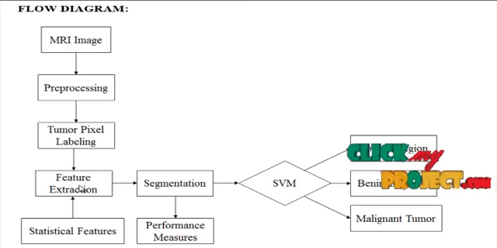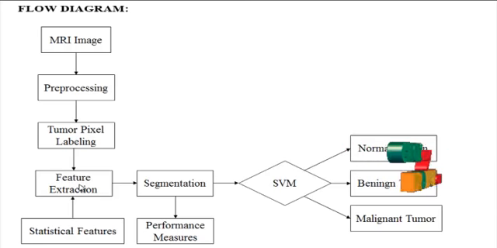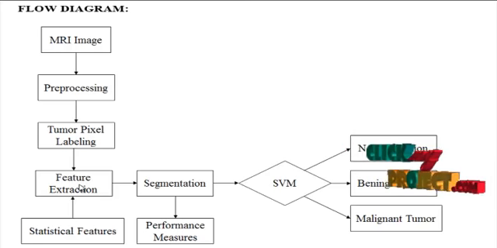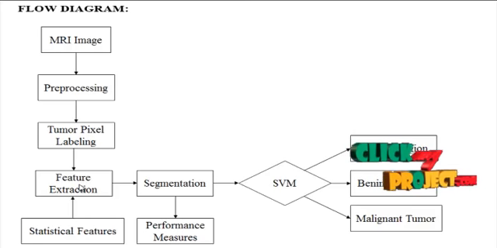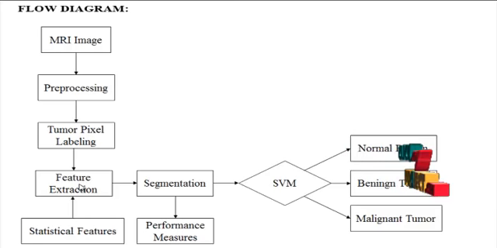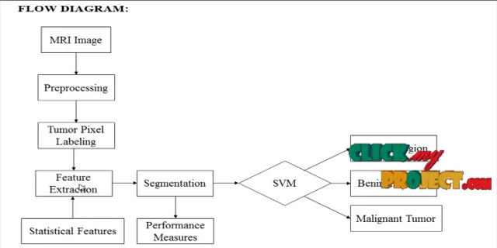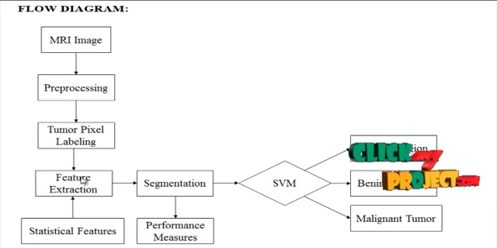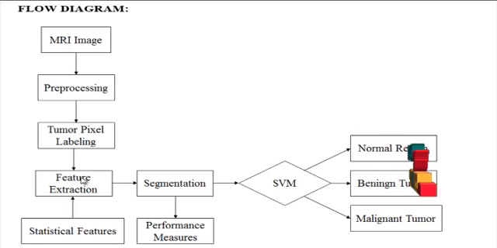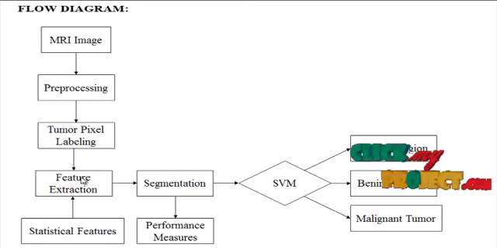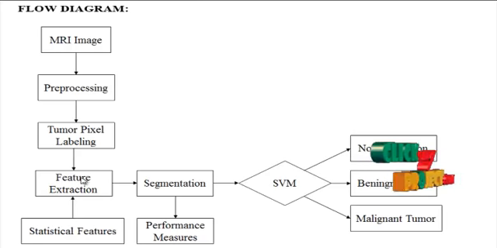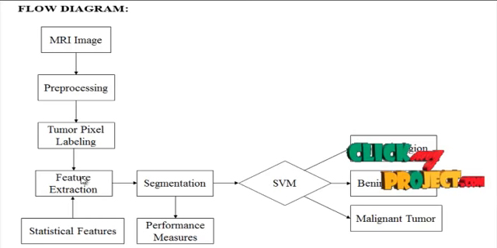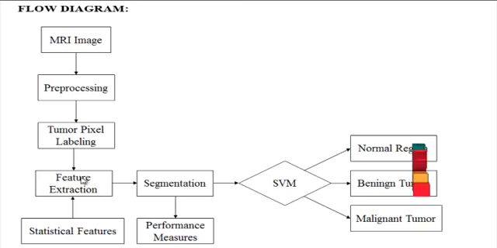After that, the features were extracted from the regions based on statistical feature extraction, where we calculate the overall mean and standard deviation, and the values were saved as features. The extracted features were then used for the segmentation of the regions into normal, benign and malignant, based on SVM classification.